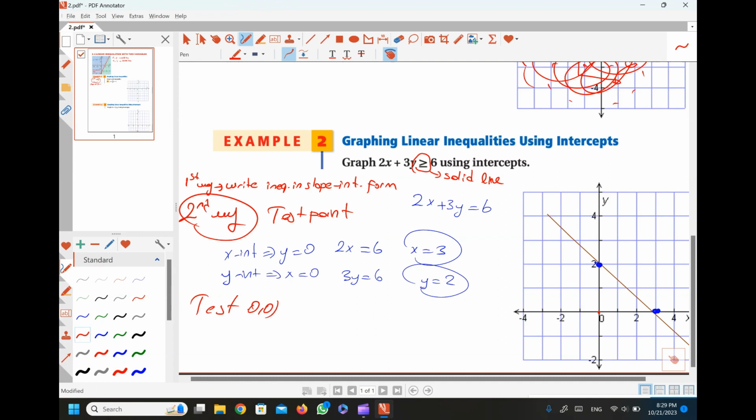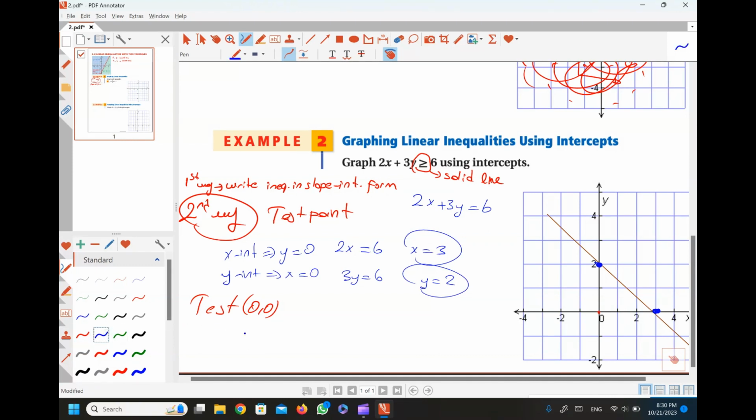Test point (0, 0). So it means you use 0 for x, 0 for y. Plug in 0 for x, plug in 0 for y in the original inequality and see if it is in our solution. So let's see.